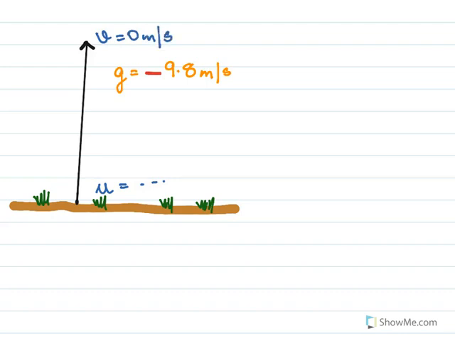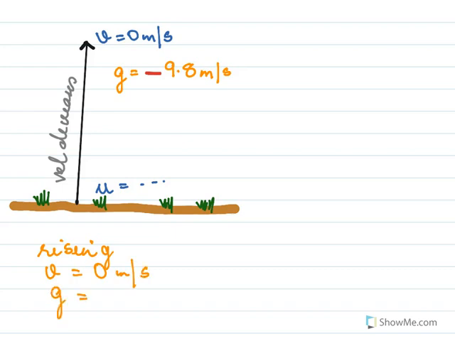As it goes up, the velocity decreases and ultimately the body will stop before it starts returning back to the earth. So for a rising body, we need to remember that V equal to 0 meter per second and the acceleration has to be taken negative.